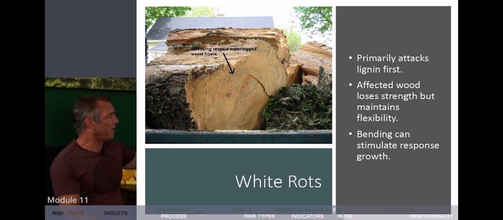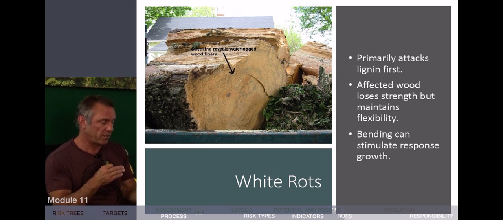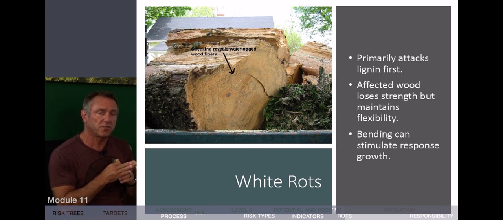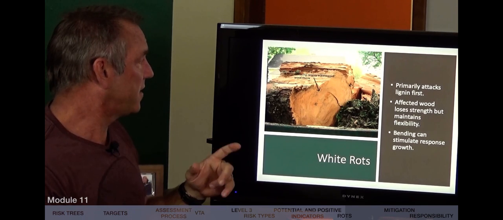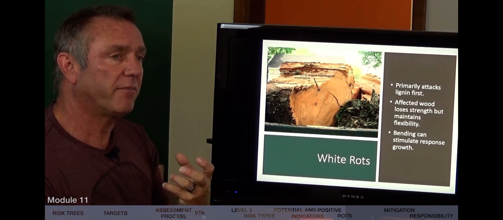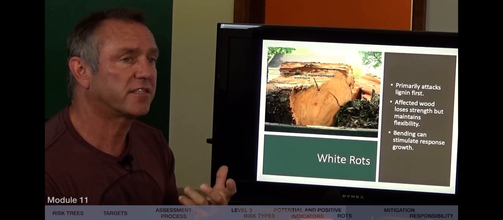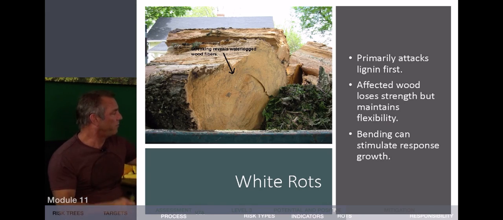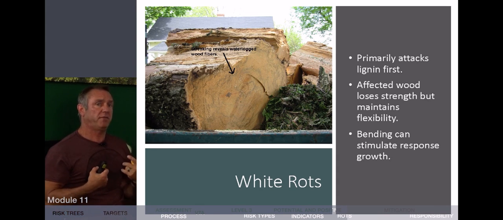Lignin is an important wood fiber. There's lignin and cellulose. Lignin is the part of the wood fiber that gives trees flexibility. So it allows the trees to bend without failing. And remember, as I demonstrated, bending can actually stimulate response wood.